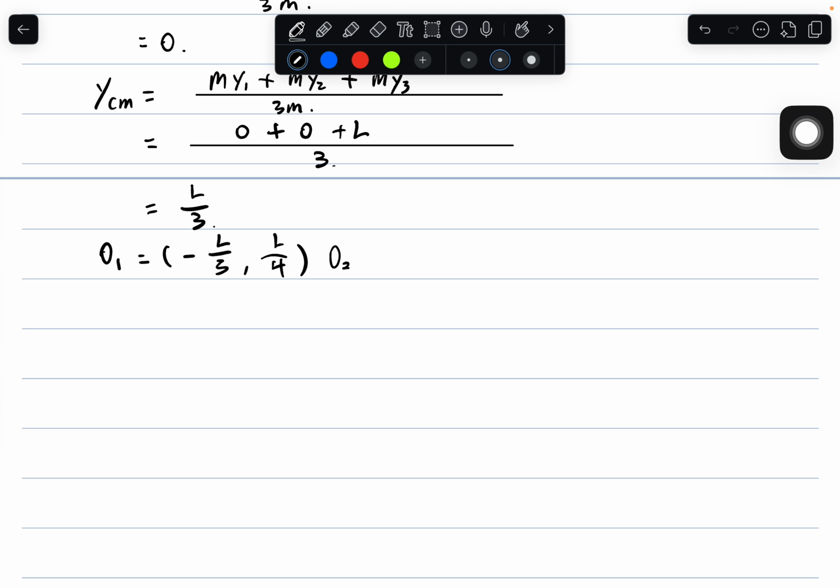Object 2 equals L over 2, negative L. And object 3, we have x3, y3. Double check.